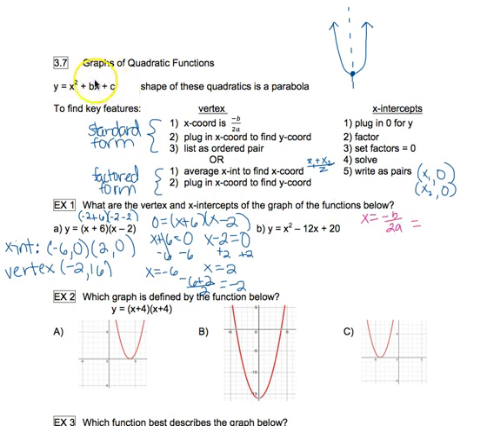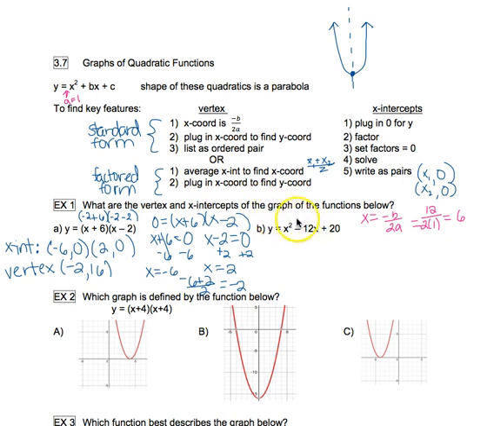Remember, b is the coefficient of the linear term, and in all of the ones in this section our a is 1. So the opposite of b would be the opposite of negative 12, which is positive 12, divided by 2 times 1. So that's going to give me 6. So the x-coordinate of my vertex is 6.